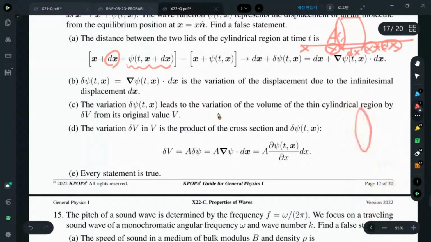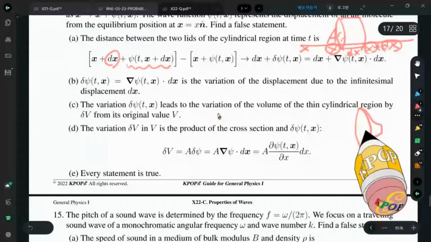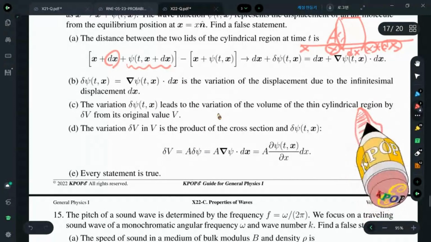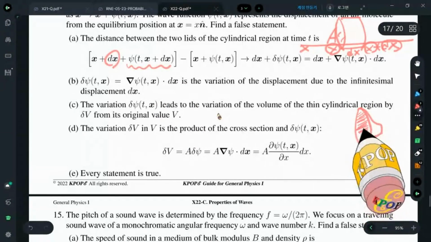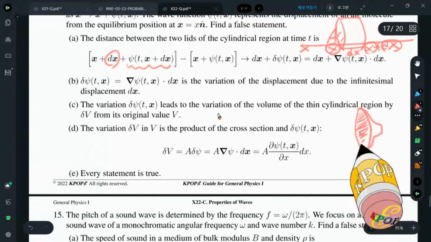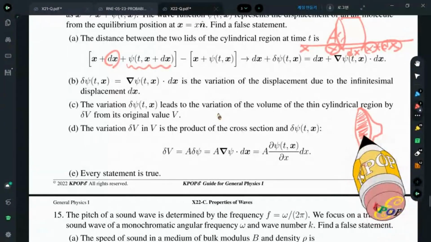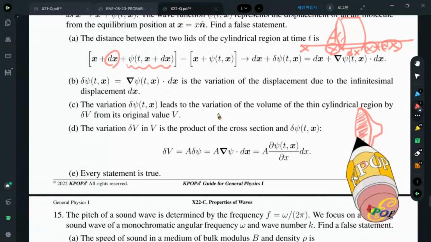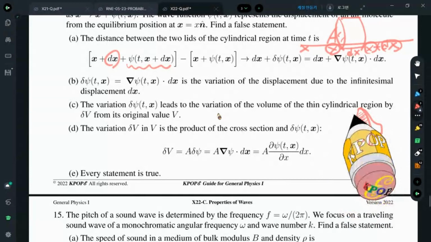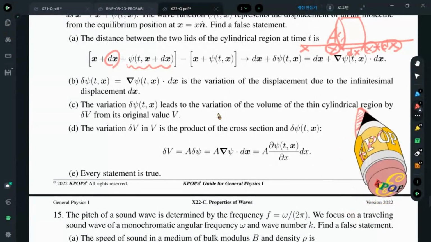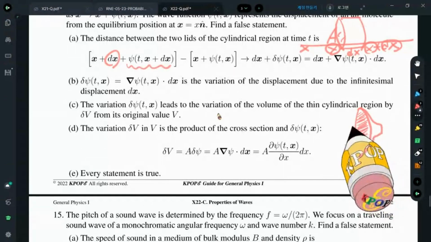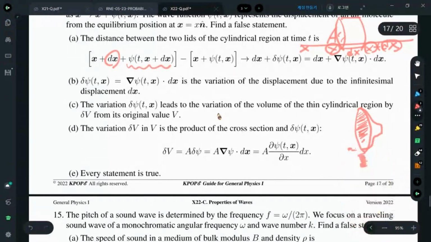As you know, we have a speaker. This speaker face does move. It vibrates. If it doesn't vibrate, it can never create sound. Sound is a propagation of a change in pressure, which should be generated by the fluctuation of air molecules.